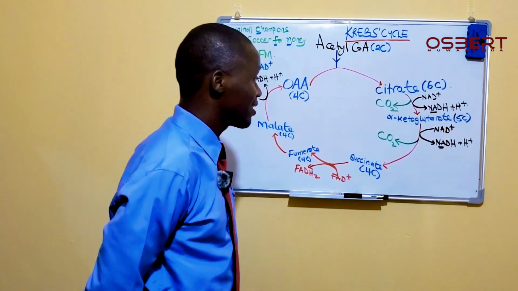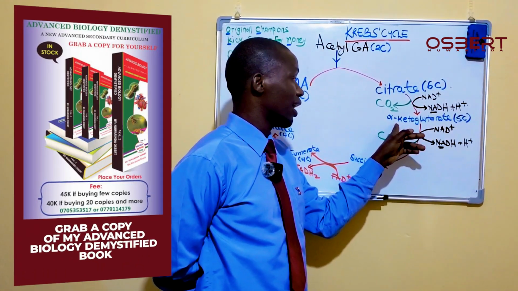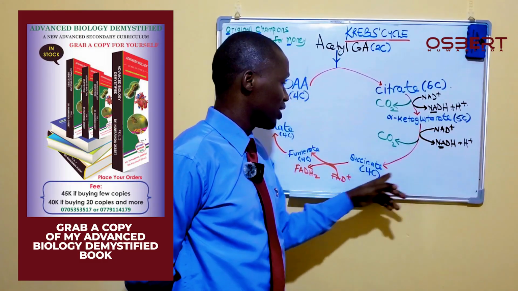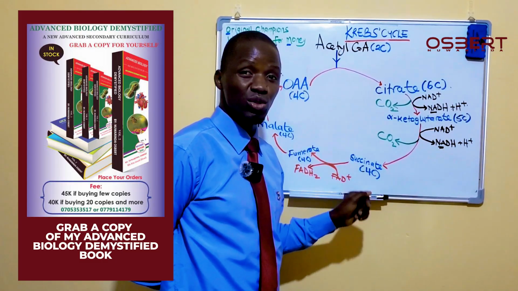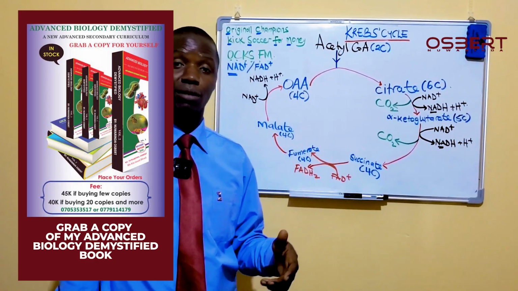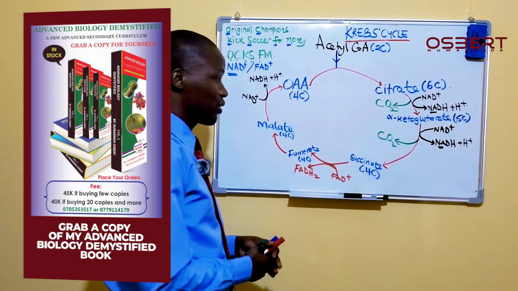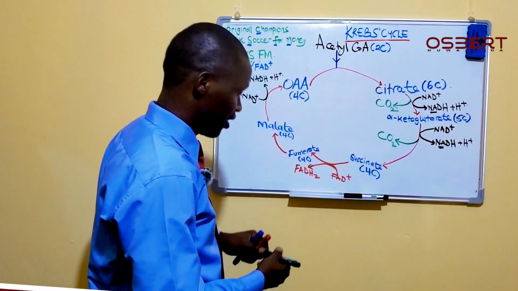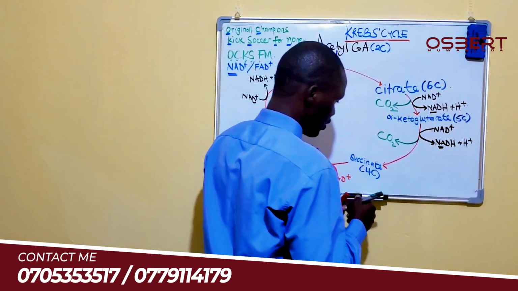That means for this alpha ketoglutarate to turn into succinic acid, also called succinate, there must be a loss of a phosphate.